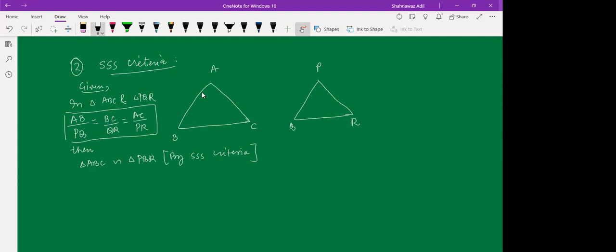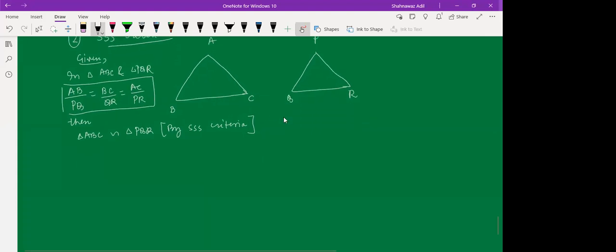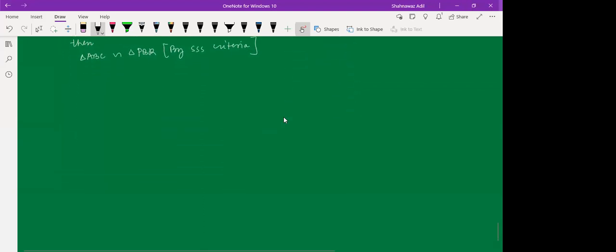The corresponding sides should be proportional, so you can write AB by PQ, or AC by PR, in any manner, first or last. But the three sides should be proportional. So this is the second criteria.